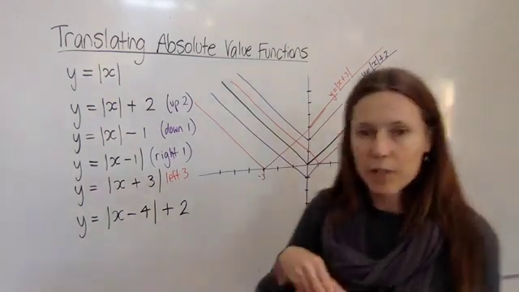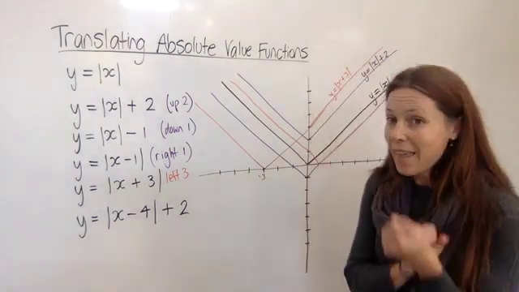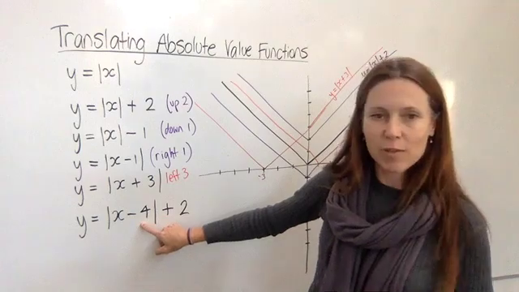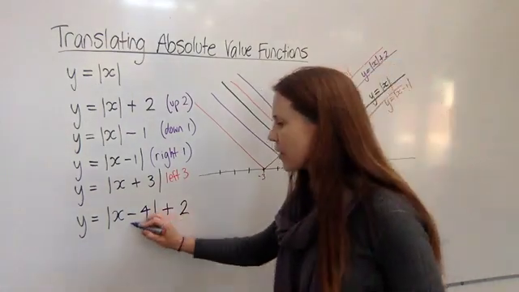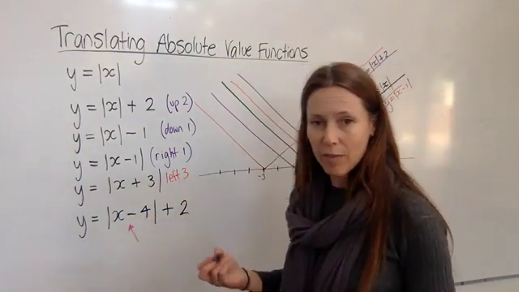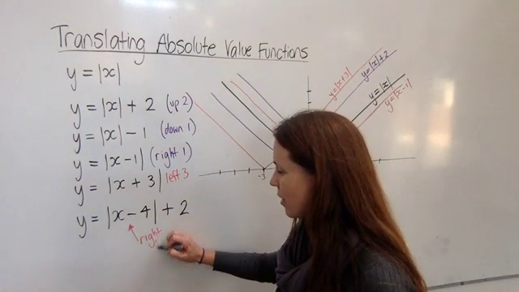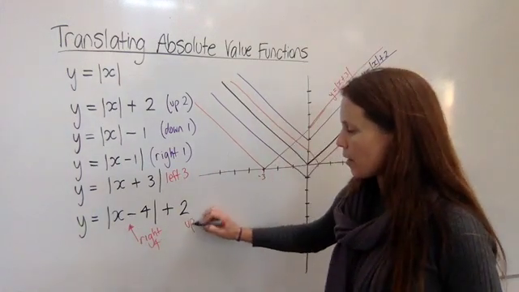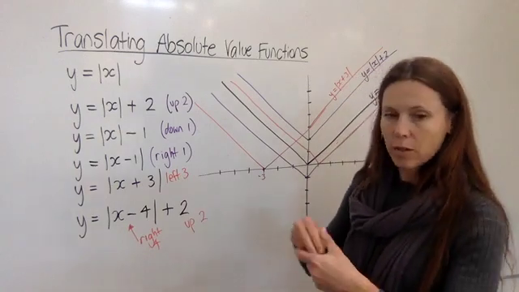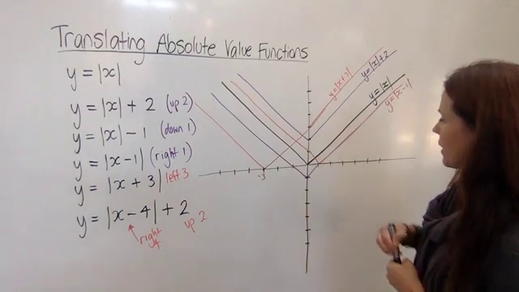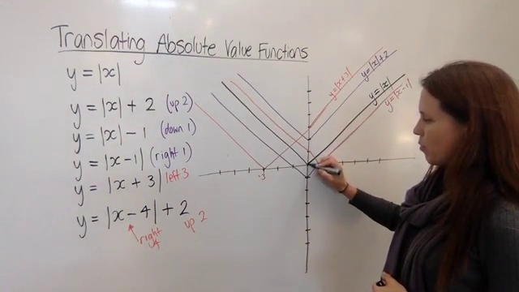Now, can I move it side to side and up and down at the same time? Well, of course I can, and so can you. Minus 4 means that we are going to be moving which way, right or left? Yes, you got it right, it's right. We're going right 4, and we're going up 2. So if we'd like to draw this one, let's do this one also in black. We take our normal point, find the point first.